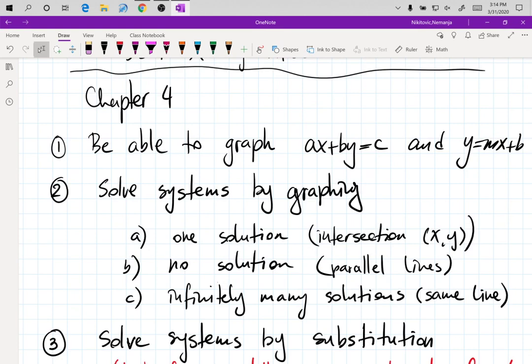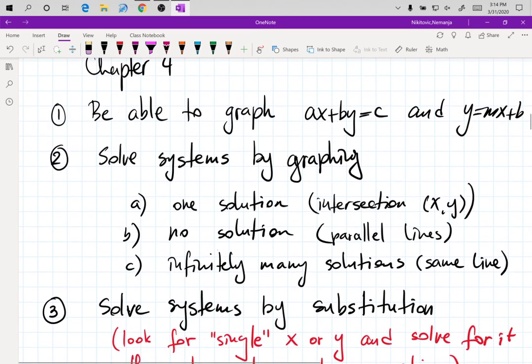Be able to graph these two, intersect them, and get the solution by intersection. Three types of solution. One solution when they intersect at an xy point. No solution when the lines are parallel, and infinitely many solutions when the lines graph one on top of the other. So that's what I have for now.